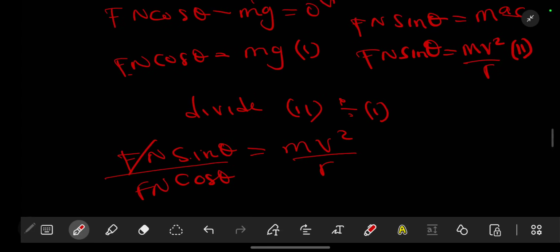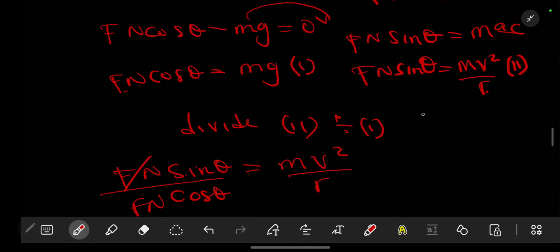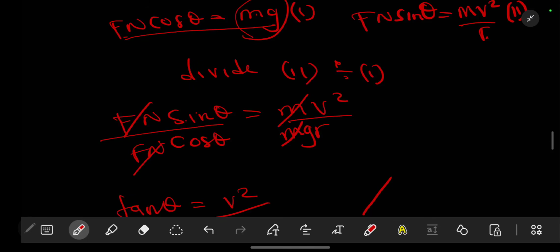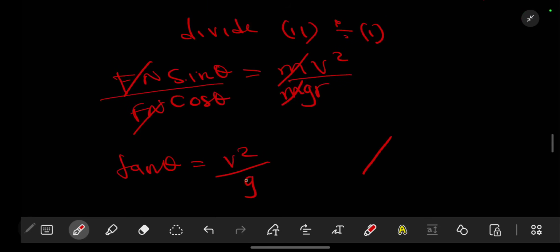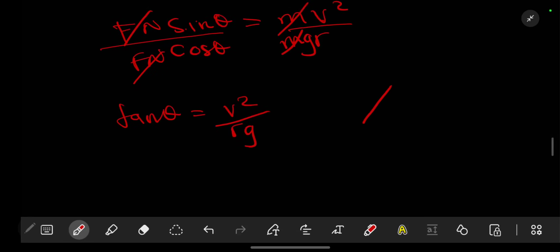Then for this other equation we have r on top. Whatever is here, we just join with whatever it finds here, since we are dividing. So it will be mg like that. This and this cancel, this and this cancel. Then we remain with our sine over cos, and we have v squared over rg like that.